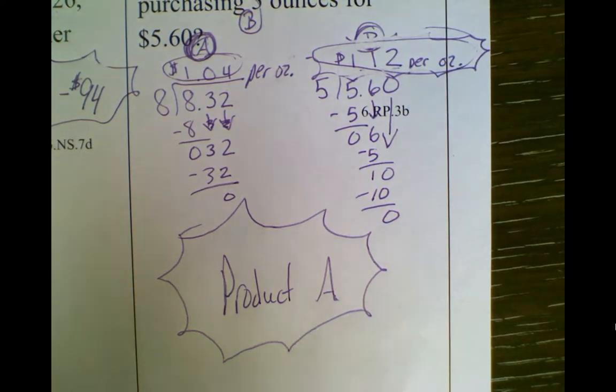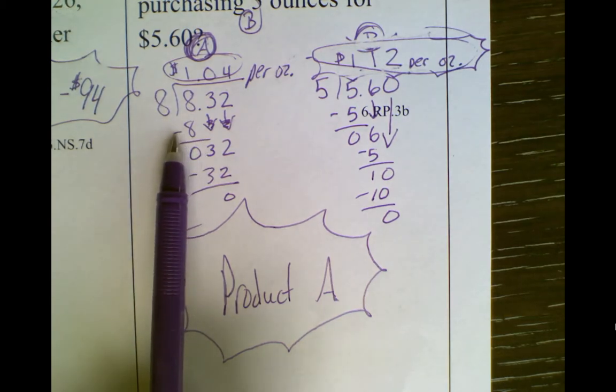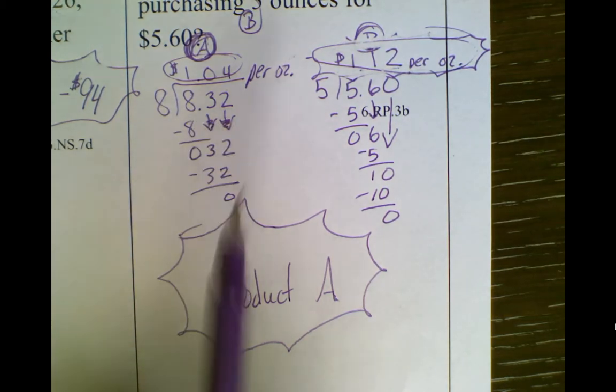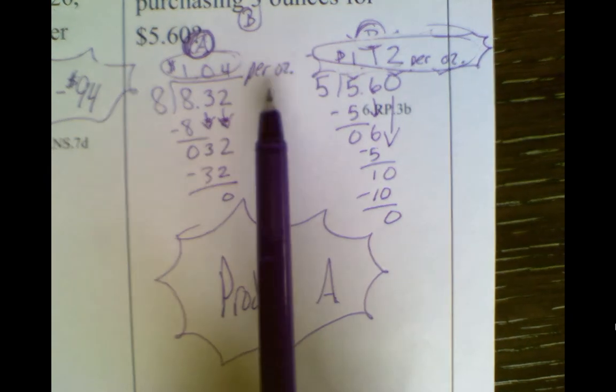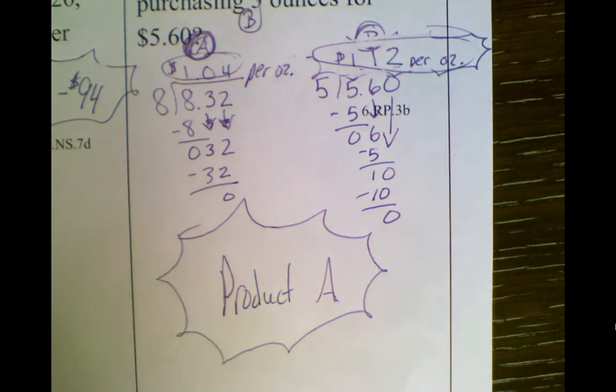So you're going to want to buy more ounces for more of the cost, because that typically is how it is in the stores. The bigger the product, like if you get one of those big bags of cereal, it's going to be cheaper than if you would buy a small box of cereal, because even though the cost might be more, you're getting more per ounce if you divide it out.